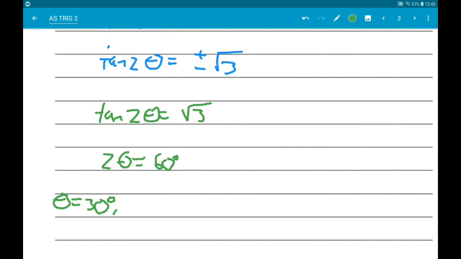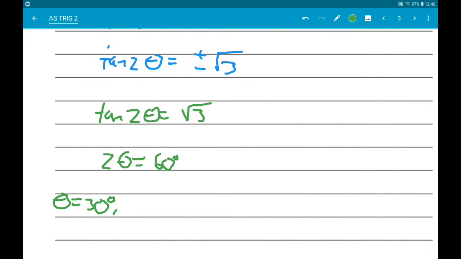Okay, now tan of theta has a period of 180 degrees. That means there is a solution every 180 degrees. But we are dealing with tan of 2 theta. So 2 theta makes everything happen twice as fast. So it squashes the graph together. So tan 2 theta has a period of 90.